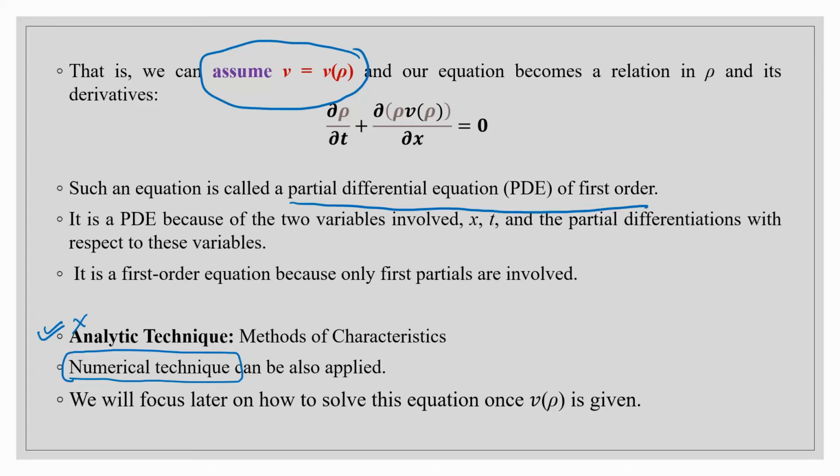So our first task is to find this relationship, because now you know that it is reasonable to consider the speed as a function of density. But what will be the function? So we will focus now on finding the relationship between speed and density.